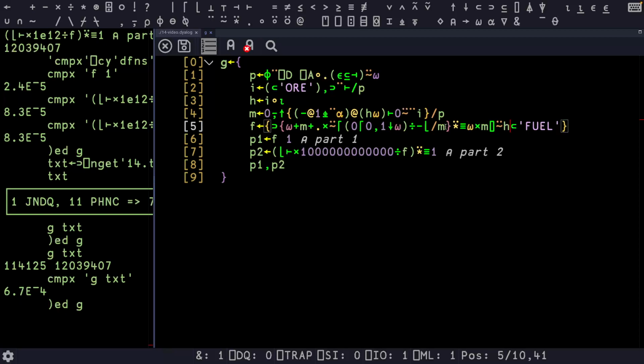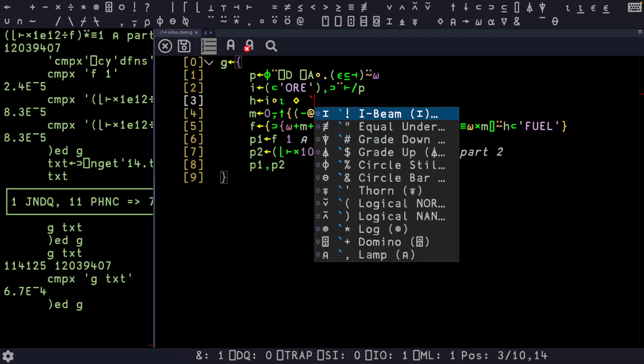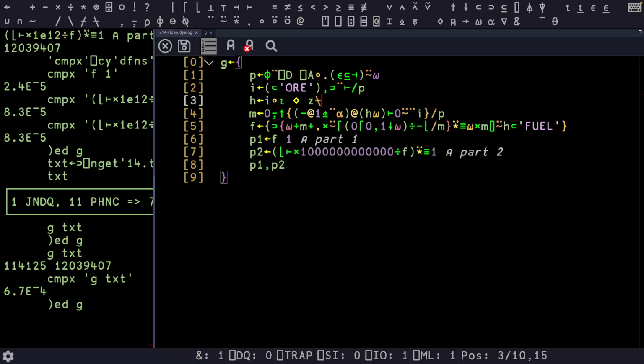What else? Oh, this min scan doesn't change between iterations. So we could call this Z, like this. Replace this with Z. I think honestly that gets you most of the way there. Oh, and we're also doing a lookup for the fuel row, which we don't need to do in the tight loop there.